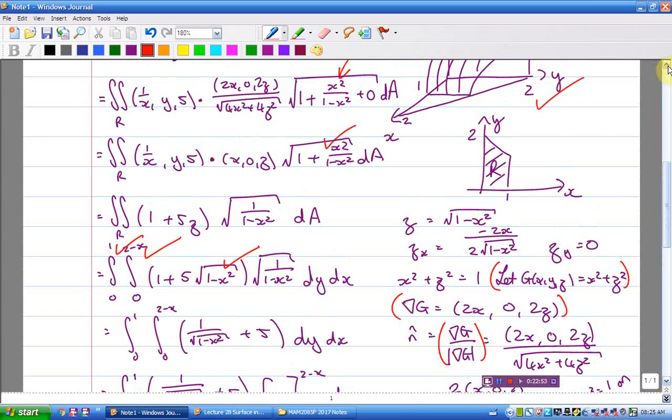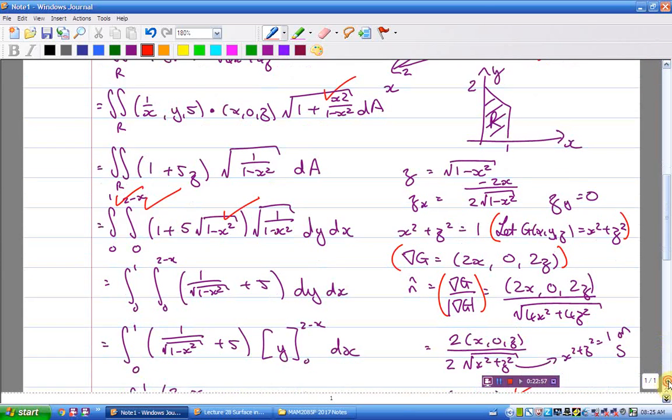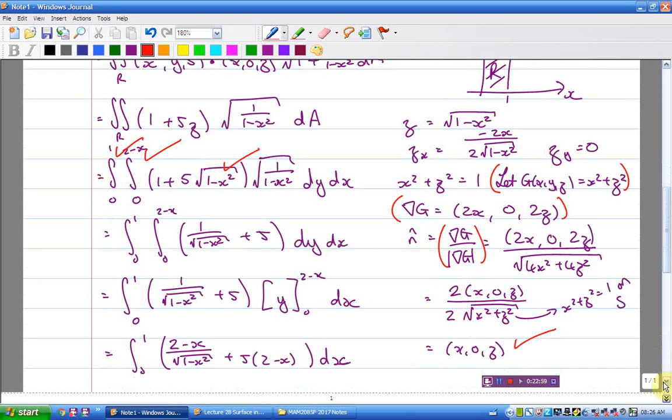How many do we have so far? 1, 2, 3, 4, 5, 6. That leaves 3 marks. From here on down, there would only have been 2 marks. So where does that last mark go? Probably to simplifying the normal. So there was probably a mark for the dot product.